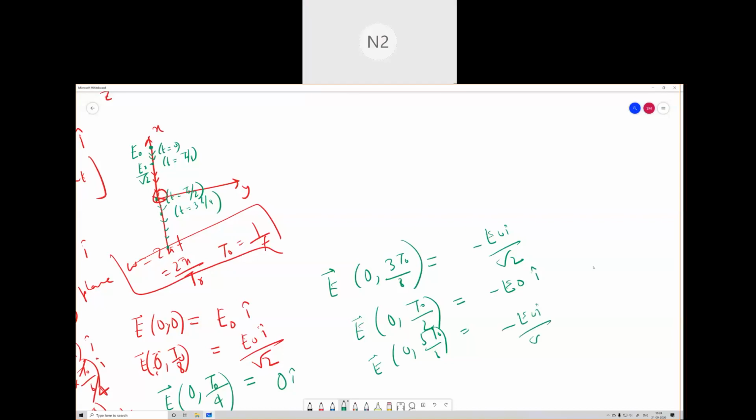Absolutely. So back here. This is for t equal to 5 t naught by 8.